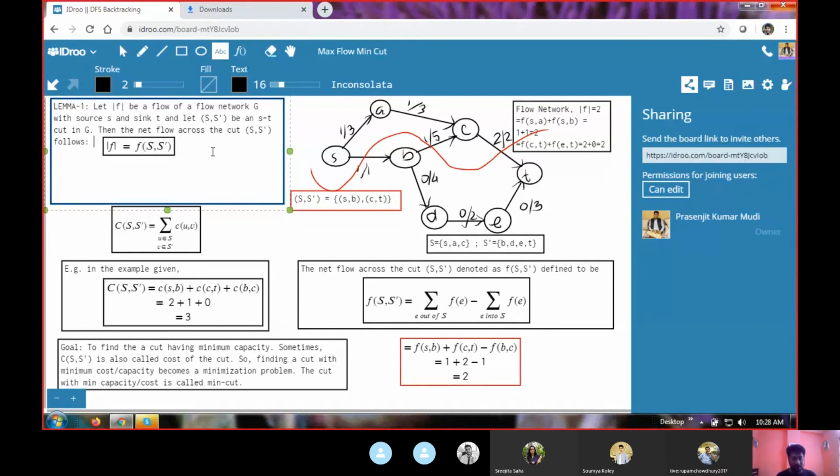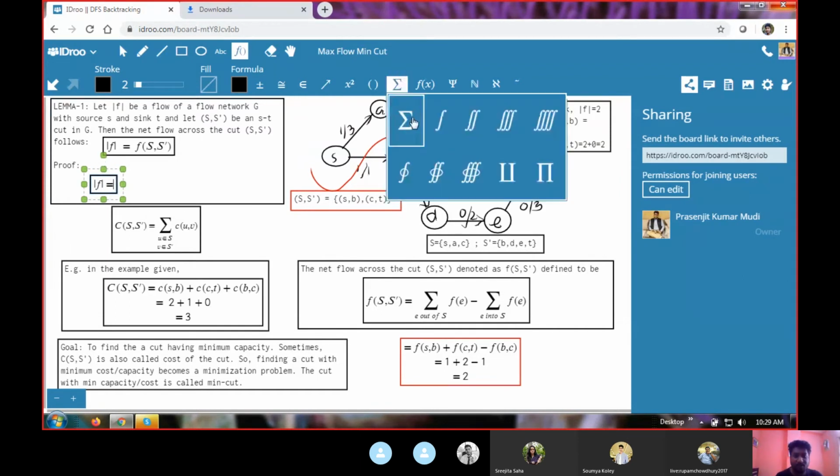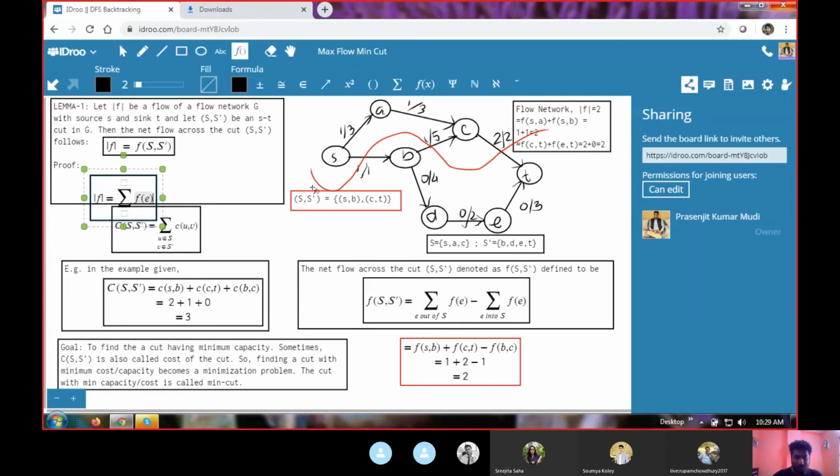Let us try to prove this. Mod F means summation of flow of all the edges where E is out of, not capital S, it's a small s.